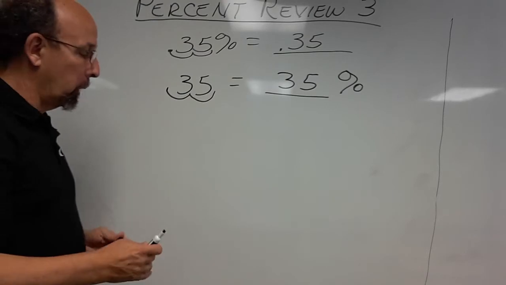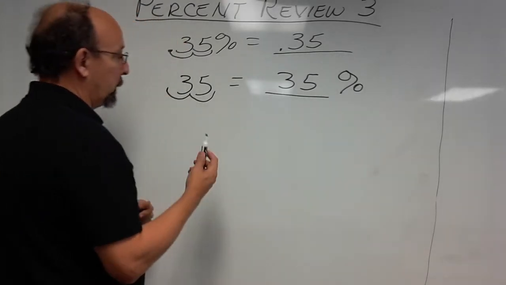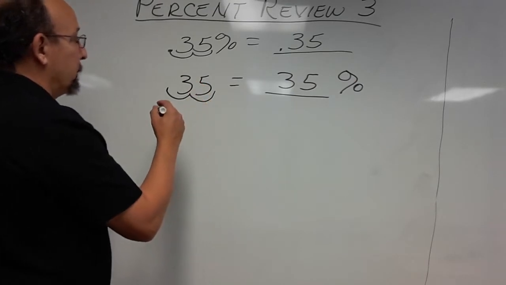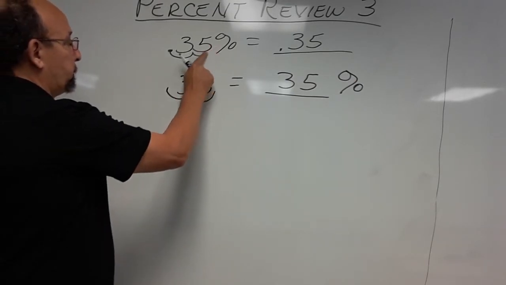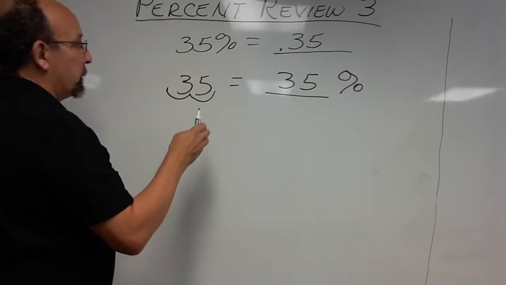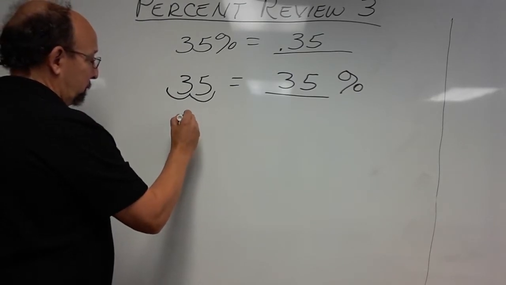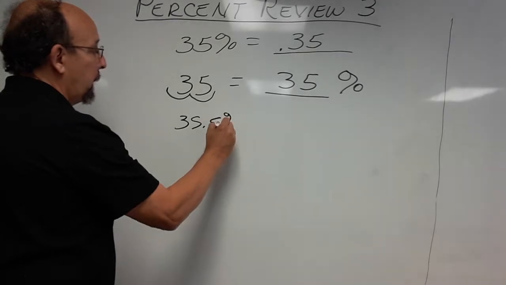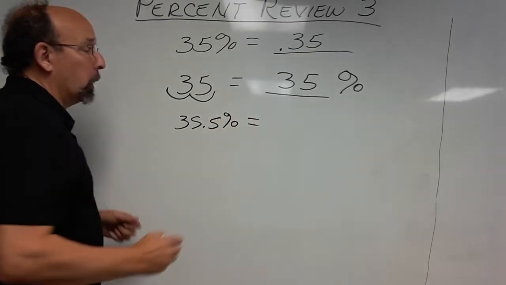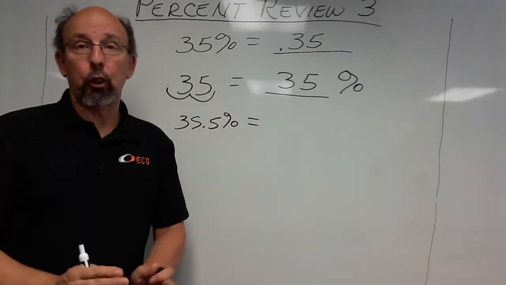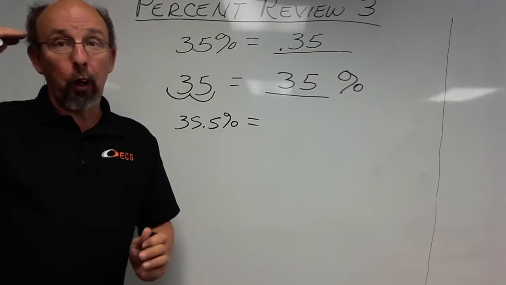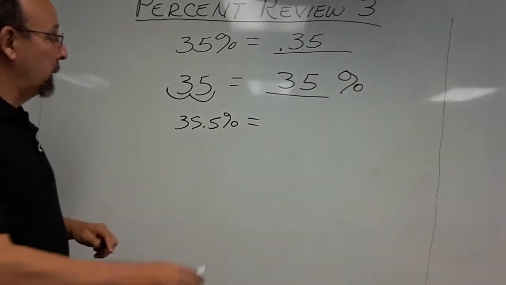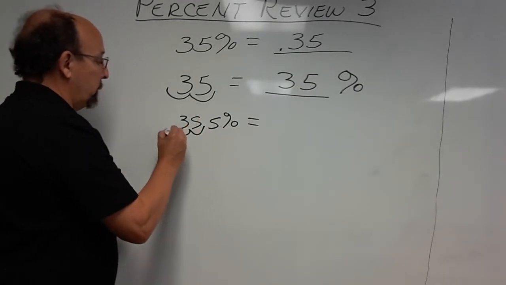That's how it works. We also talked about some that were a little bit more complicated. Say you have 35.5% equals. Don't let that scare you. You still do the same thing. You follow the rule. 35.5%, 2 decimal places.